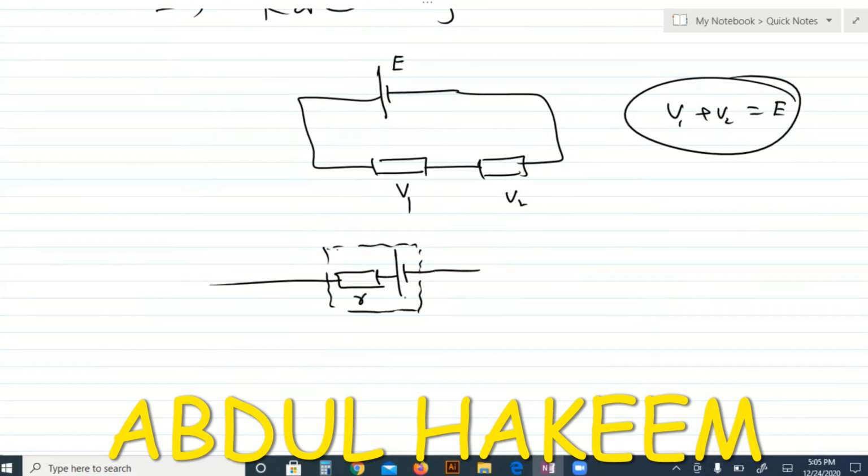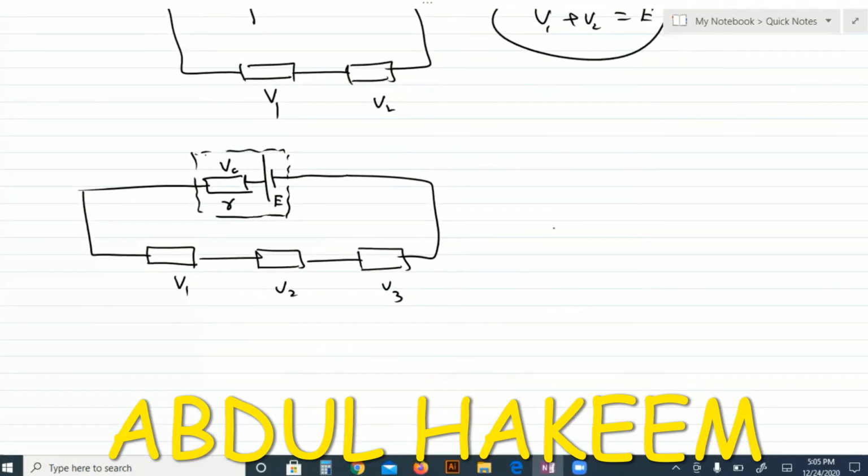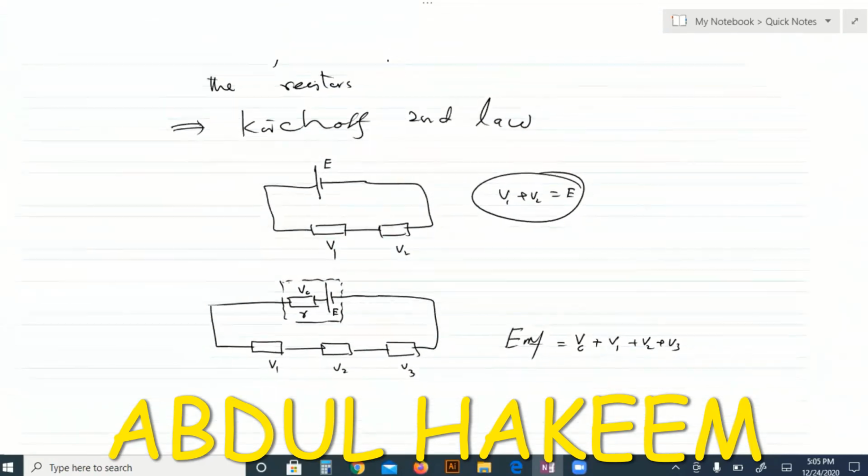So this is internal resistance, this is EMF of the cell, first resistor, second resistor, suppose third resistor, so on, V1, V2, V3, and the voltage dropped here, suppose is VC, mean the voltage dropped across the cell, then the EMF of the cell will be equal to voltage dropped across the cell plus V1 plus V2, V3, and so on. And this is called Kirchhoff's second law.